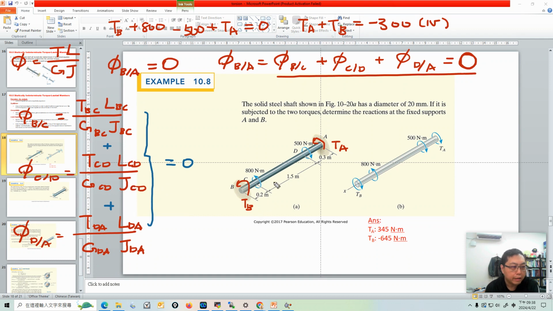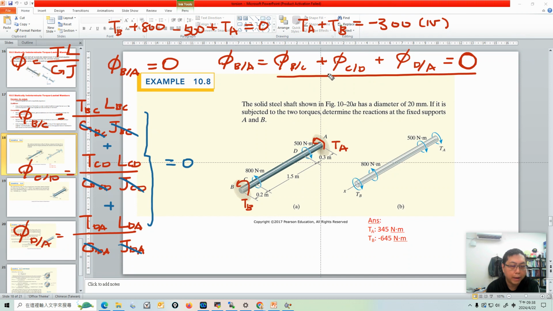And we already know these three sections have the same area, so J_BC, J_CD, and J_DA are the same. Also it is the same material, so the G values must be the same.